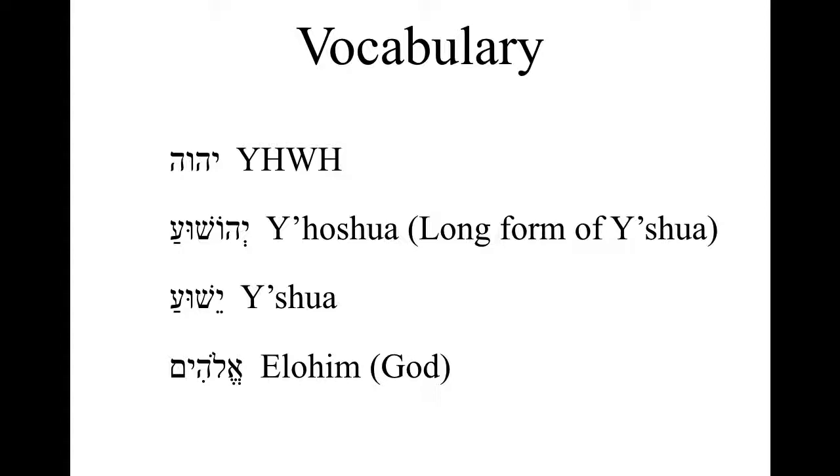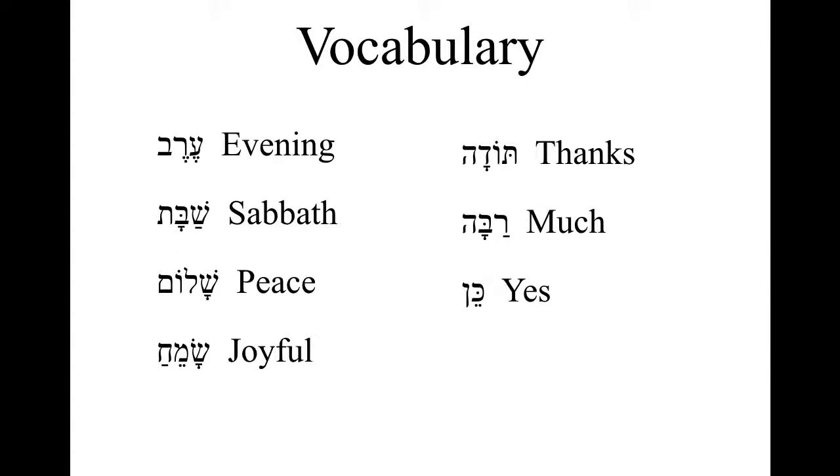And the fourth is the word that means God or mighty one in Hebrew, Elohim. We have some other Hebrew words here. Erev means evening. Shabbat means Sabbath. Shalom means peace. Sameach means joyful. Toda means thanks. Rabbah means much. And Ken means yes.